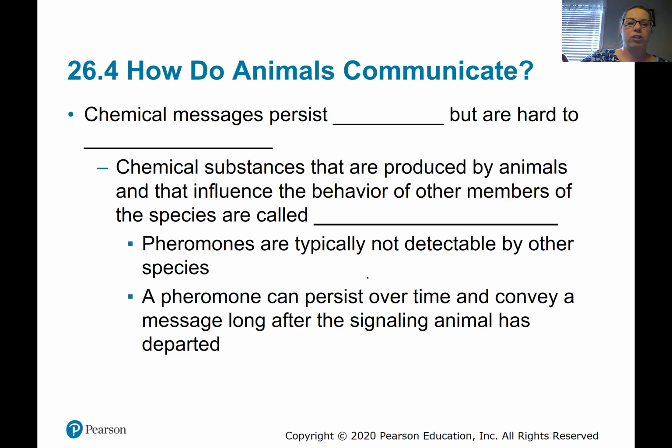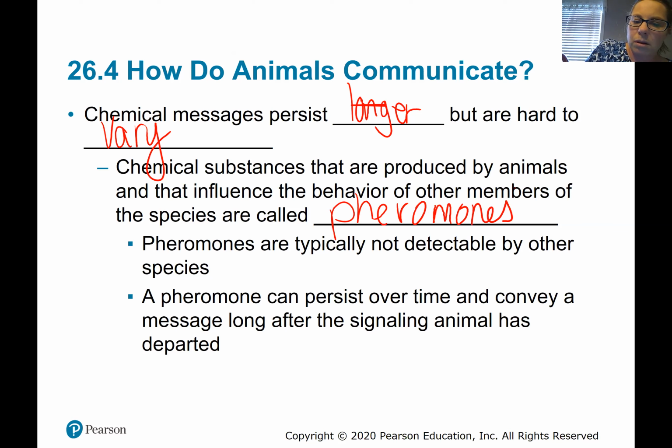Another type of communication is chemical messages, and these are going to stick around longer than perhaps visual or auditory communication, but they're going to be harder to vary. Typically there's one scent, one chemical message, and that's about it. So you can't really vary it. But these chemical messages are called pheromones and are typically only detectable by the species that emits them.